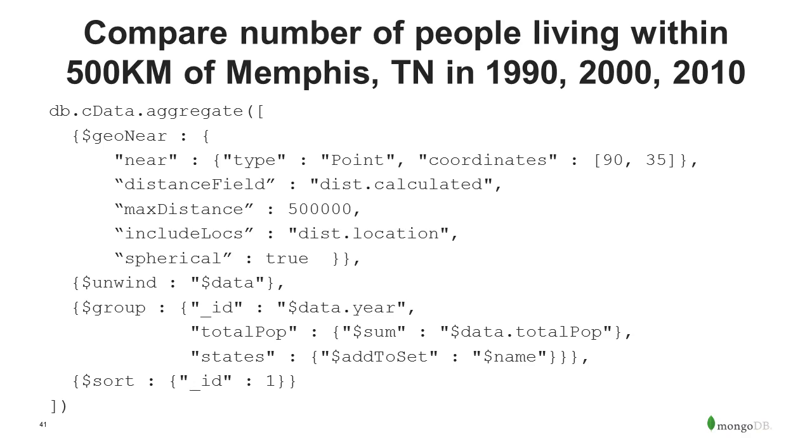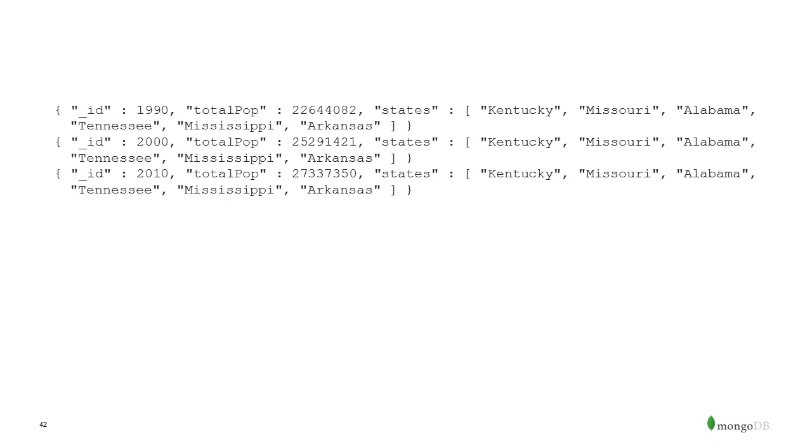And then there are our old friends $unwind, $group, and $sort to massage this data. Running something like this gives you an output like that, and you can see here the states where we counted things were those states bordering Tennessee and the Memphis area.